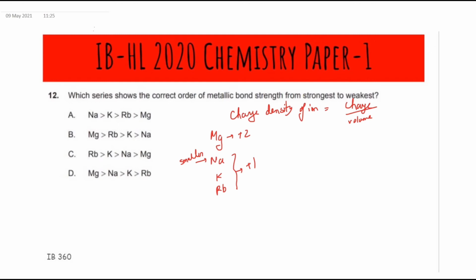So the volume of Mg is the smallest, then comes sodium, then potassium, then rubidium. From this information I can say that the charge density of magnesium is more than that of sodium, sodium is more than potassium, and potassium is more than rubidium. So finally it's Mg greater than Na, greater than potassium, greater than rubidium. So option D is the correct answer to this question.